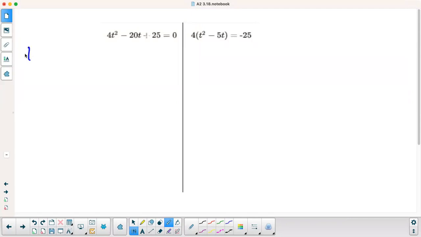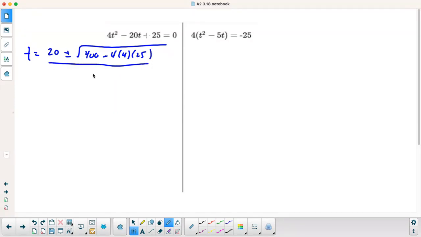So t equals -b plus or minus the square root of b squared minus 4 times a times c, all over 2a.